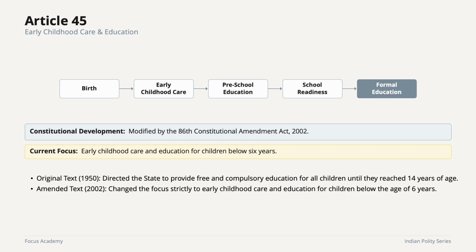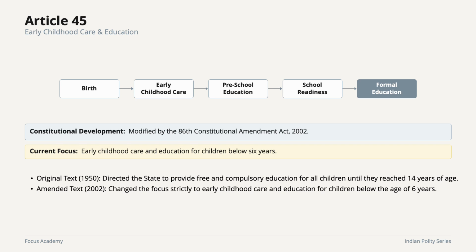Yesterday we studied that Article 21A provides free and compulsory education for children between 6 to 14 years of age. So DPSP wasn't enough, which is why they shifted the free and compulsory education for children between 6 to 14 years to fundamental rights. And now DPSP just contains early childhood care and education for children below the age of 6 years. Okay, it's very interesting, right? If they need a little bit more force, fundamental rights.